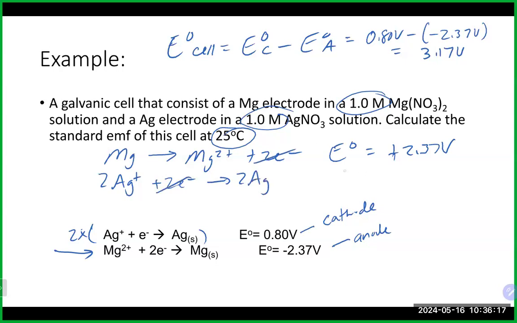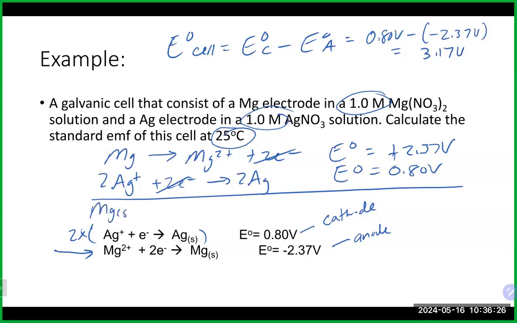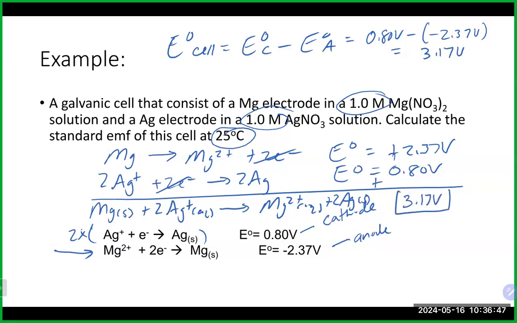The electrons would cancel. That would give us our balanced overall reaction of magnesium plus a couple of silver ions going to magnesium ions and silver. And since I did change the sign, I could simply add these together and I'll get the same 3.17 volts as my cell voltage.